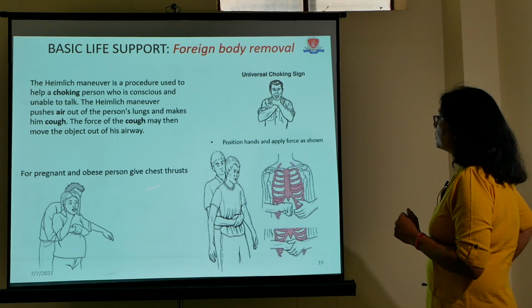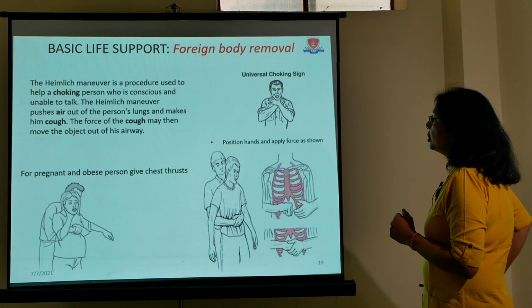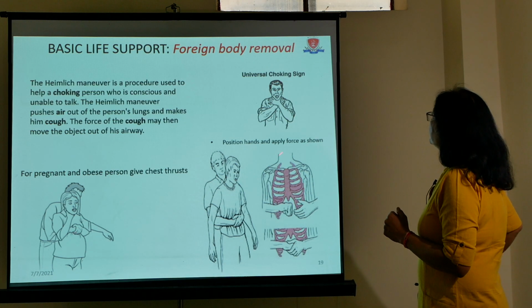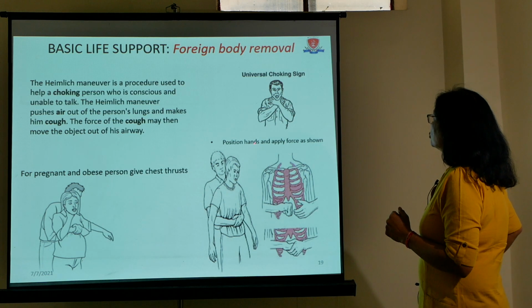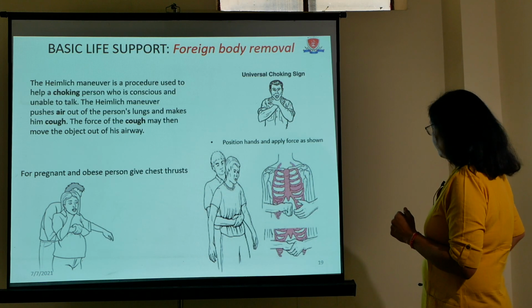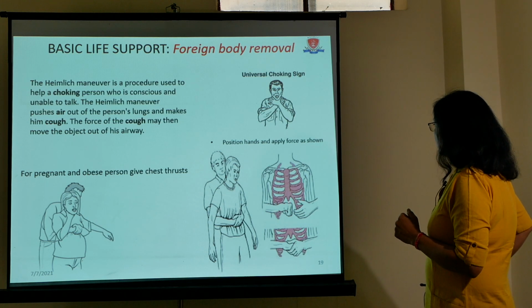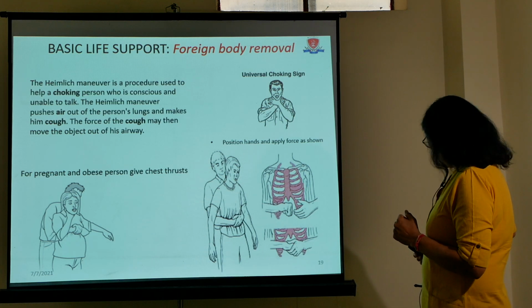In cases of obese people and pregnant women, you need to spare the abdomen and use the chest. This is the universal choking sign. So you need to position the hands and apply the force as shown. Proper positioning is very important. Avoid the xiphisternum and place the hands to give the proper pressure.